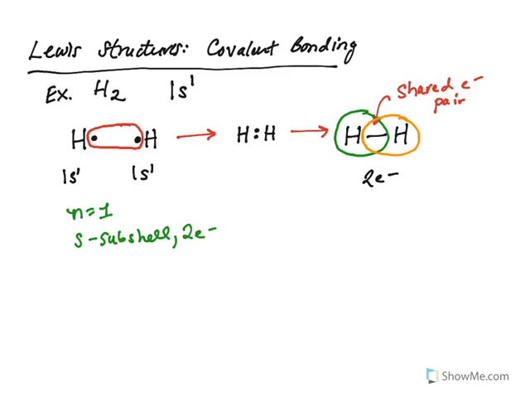So the next example we'll look at then is ozone. So ozone has the chemical formula of O3. And so if I were to look up oxygen on the periodic table, it would have the electron configuration 1s2, 2s2, 2p4.